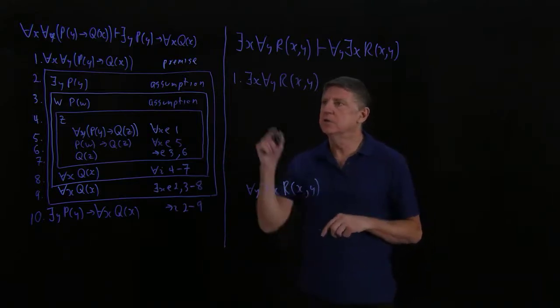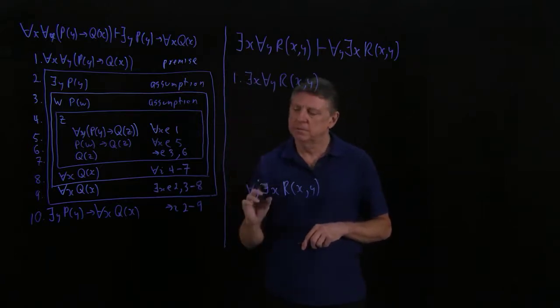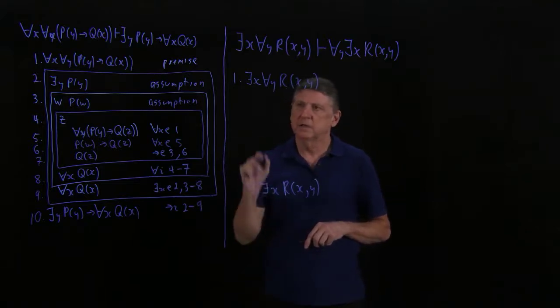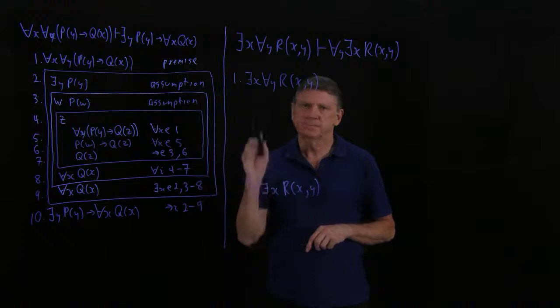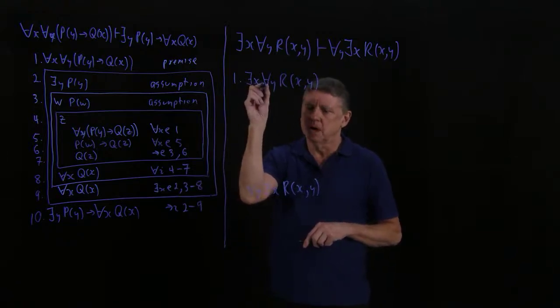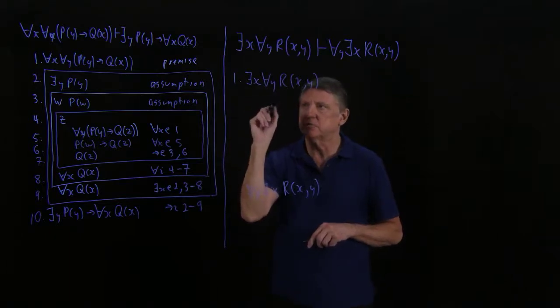And I could try existential elimination. That would be forward reasoning. Or I could try universal introduction. That would be backward reasoning. If I was to try forward, I can see I might get into some kind of trouble.